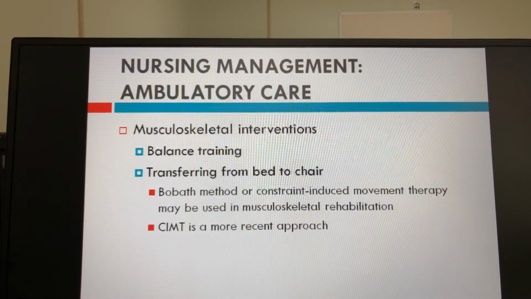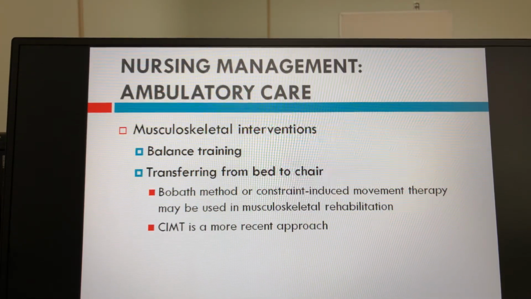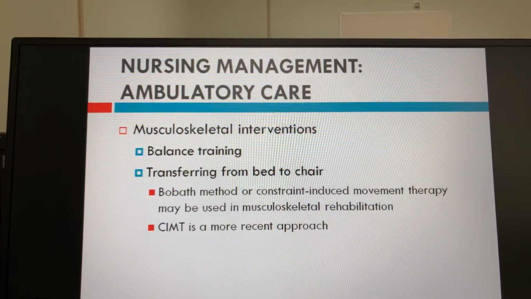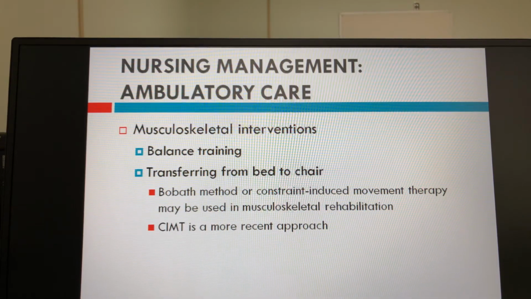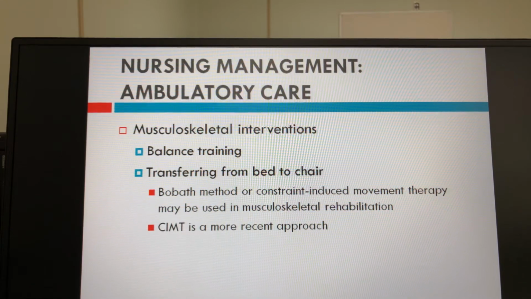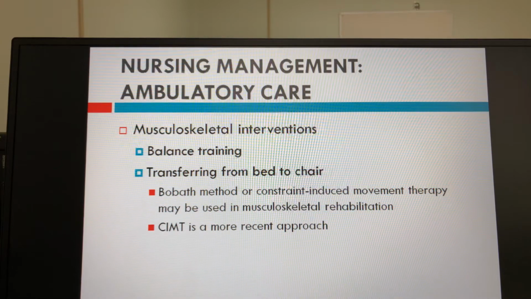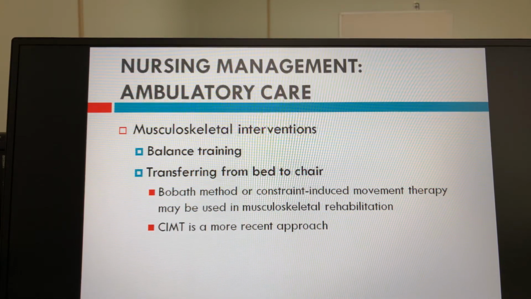The goal of the Bobath approach is to help the patient gain control over patterns of spasticity by inhibiting abnormal reflex patterns. Therapists and nurses use the Bobath approach to encourage normal muscle tone, normal movement, and promotion of bilateral function of the body.